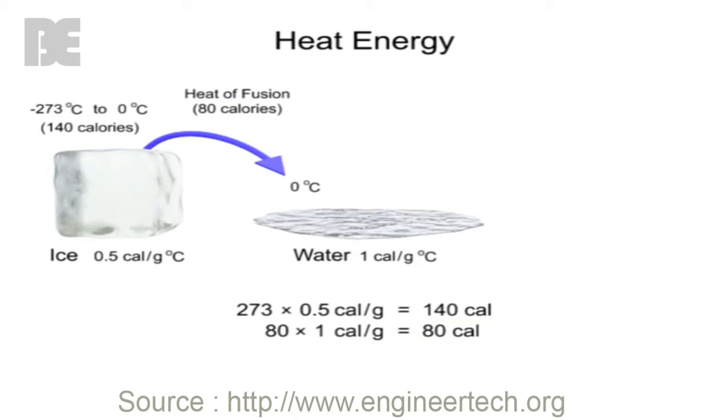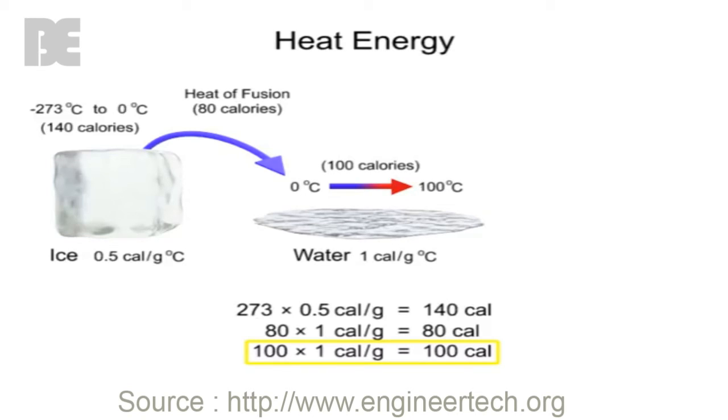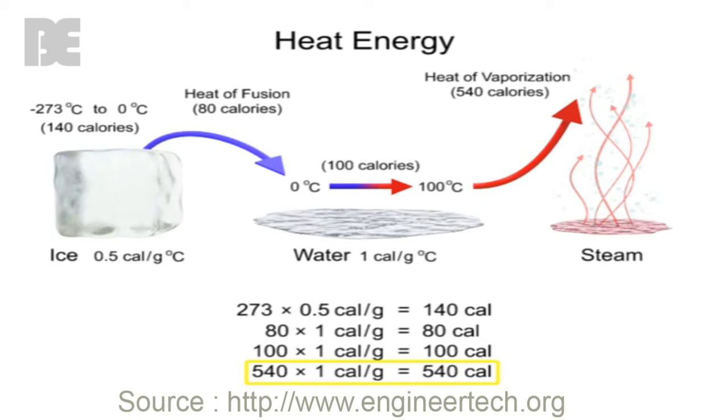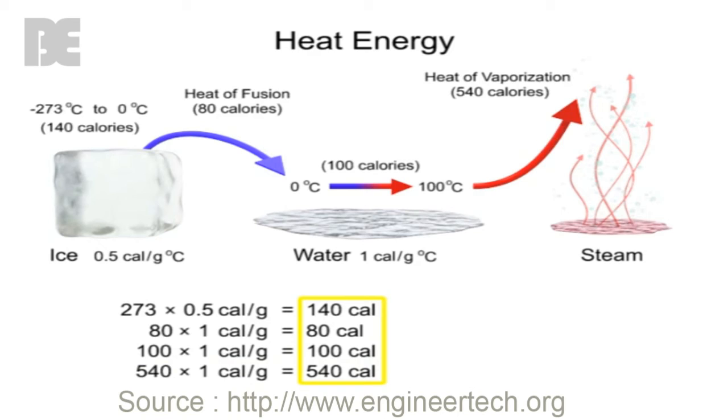Then to heat the water from 0 degrees Celsius to 100 degrees Celsius with a heat capacity of 1 calorie per gram would require 100 calories. The final phase change of 1 gram of boiling water to steam would require an additional 540 calories. Adding all of these values together yields 860 calories, the amount of heat energy it takes to transform 1 gram of ice at absolute zero to steam.